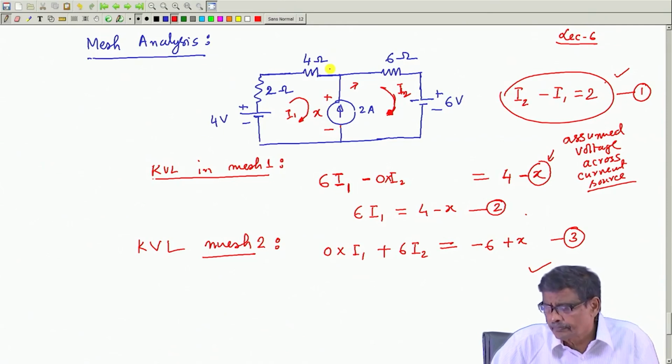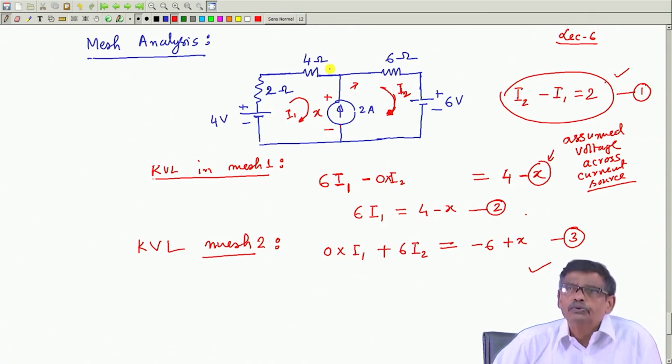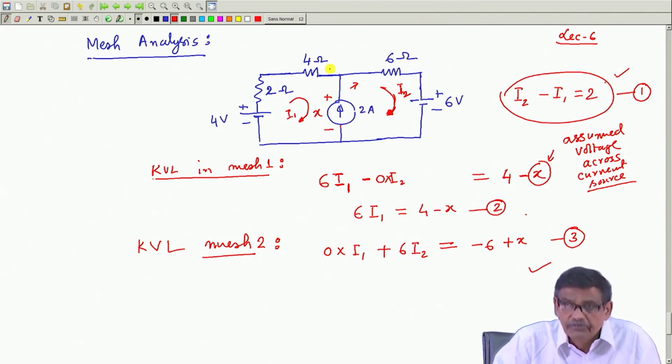Therefore, if at all you choose mesh analysis, you should be careful about these points. Try to take advantage of the fact that current sources in many of the outer loops are present.